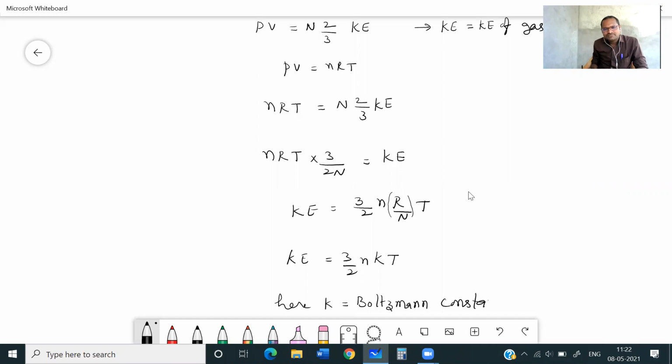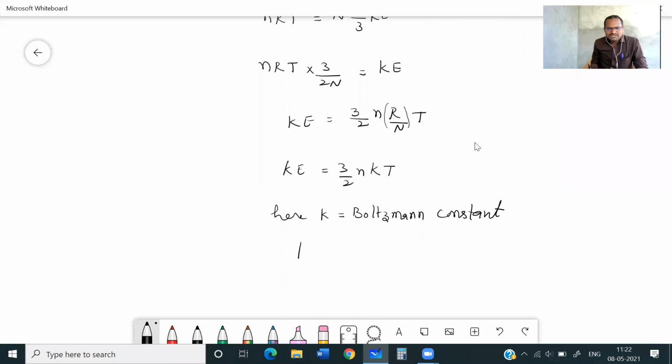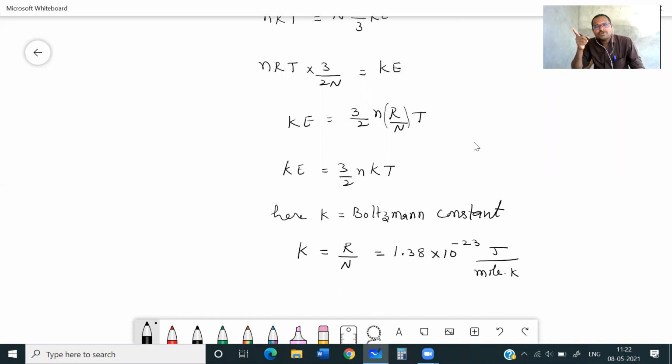As you know, in chemistry, Boltzmann constant is nothing but the universal gas constant upon the number of molecules, and its value is 1.38 into 10 to the power of minus 23 joule per molecule Kelvin. Whereas the universal gas constant is 8.314 joule per mole Kelvin.